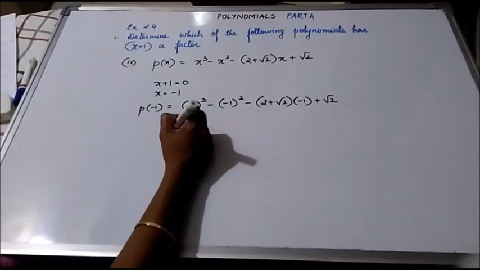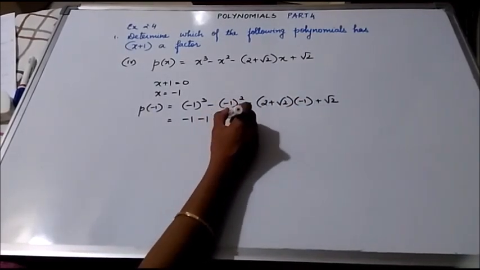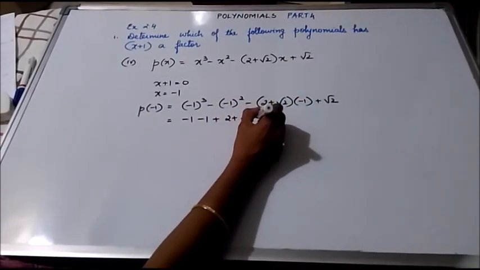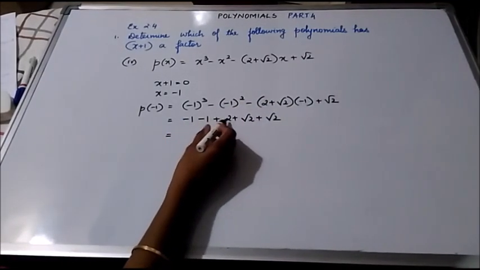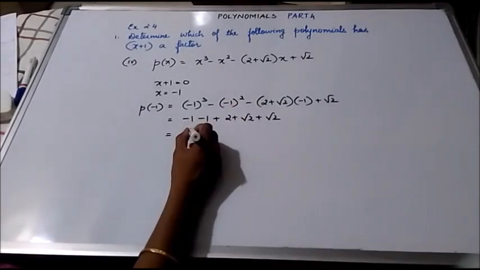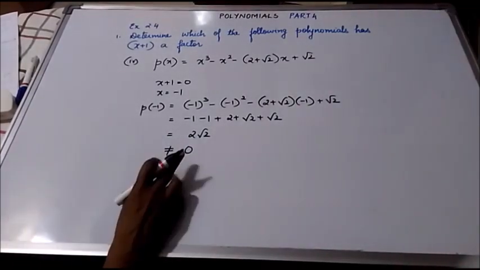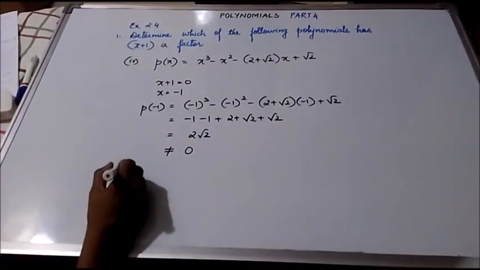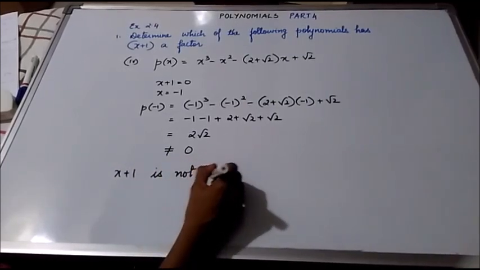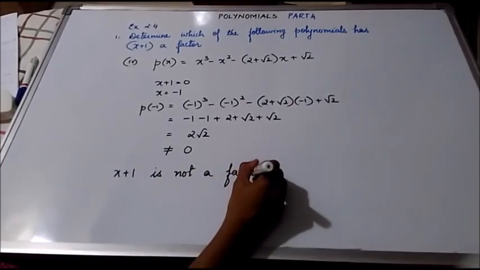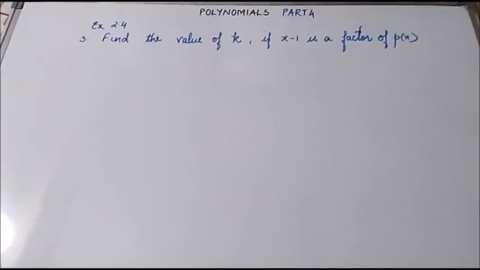This will give us minus 1, once again it gives us minus 1, minus and minus will make it plus, so you will get here 2 plus root 2 plus root 2. Now minus 1 minus 2 plus 2 will give me 0, root 2 plus root 2 is 2 root 2. Now this is not equal to 0. Since the remainder is not equal to 0, we say x plus 1 is not a factor of the given polynomial.